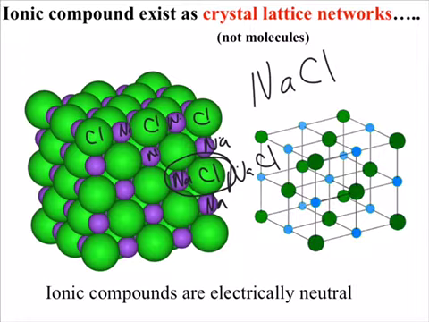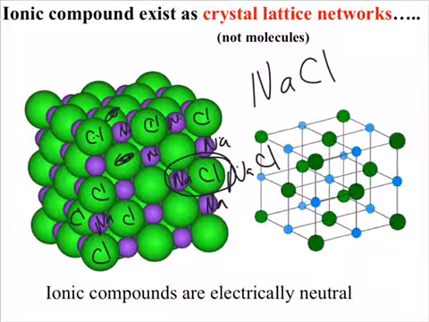Over here, this sodium is no more or less attracted to this chloride as it is this one, or this one, or this one. This sodium is attracted to this chloride, this chloride, this chloride, and this chloride equally. So you can't find a molecule there.